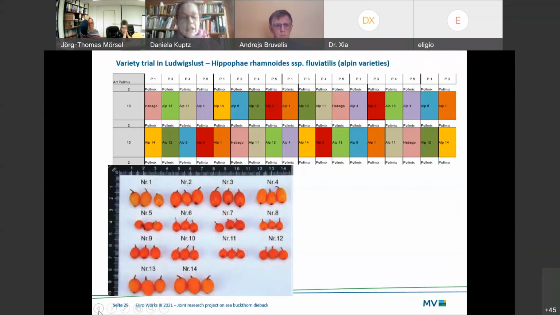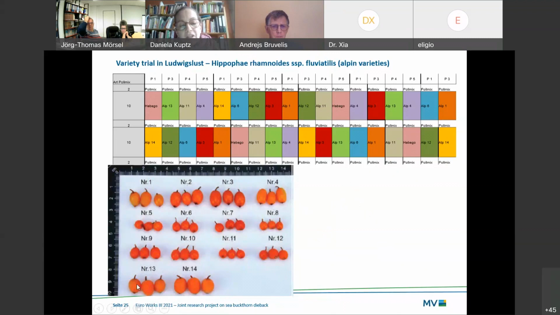At the same site in Ludwigslust, we were planting Hippophaea rhamnoides subspecies fluviatilis, the Alpine varieties that we proved already years before. Friedrich Höhne is doing a lot of research on those varieties, and Frank Hippauf did as well.